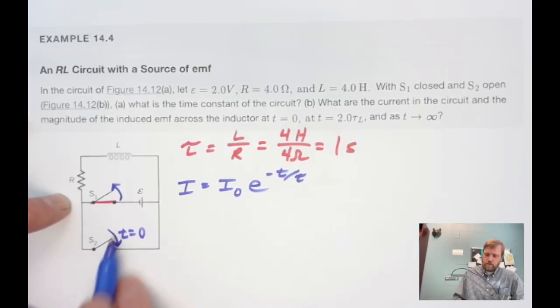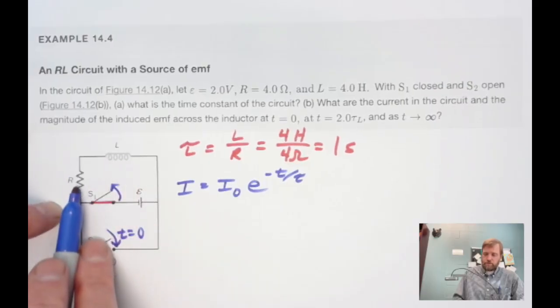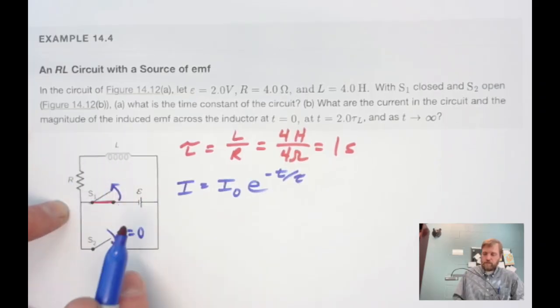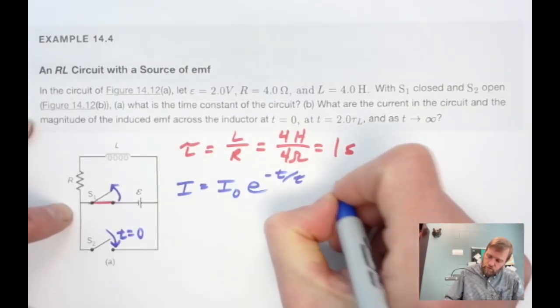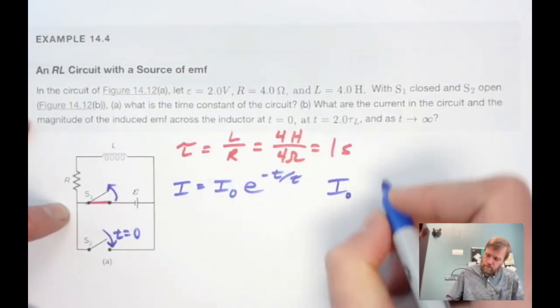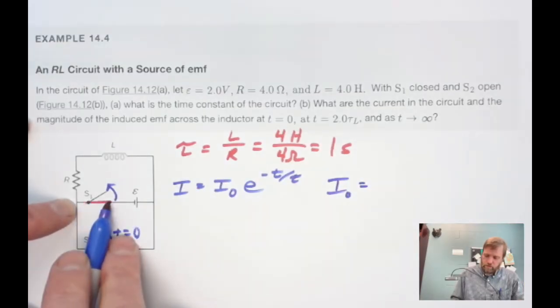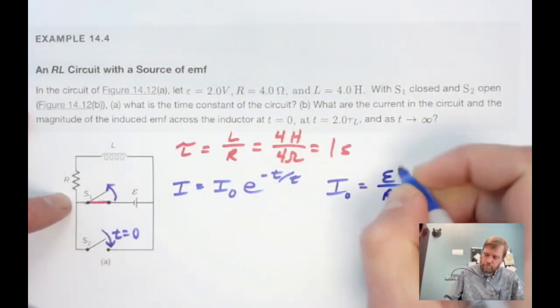This switch is closed, that switch is open. When that happens, there's current going through the resistor and the inductor based on how long it took for this thing to charge up. Okay? So the initial current at steady state, when S1 was closed, is just epsilon over R.